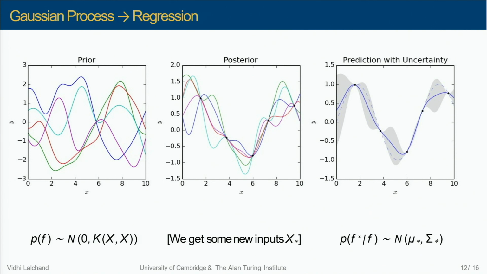In that way, it preserves the functions that pass through our data points. This is how it solves the interpolation question of finding a nice curve that passes through or close to our data. The final graph has these gray bands, which are really interesting.